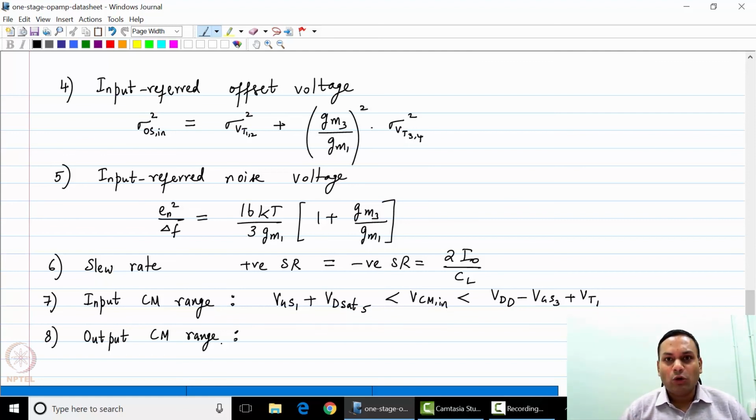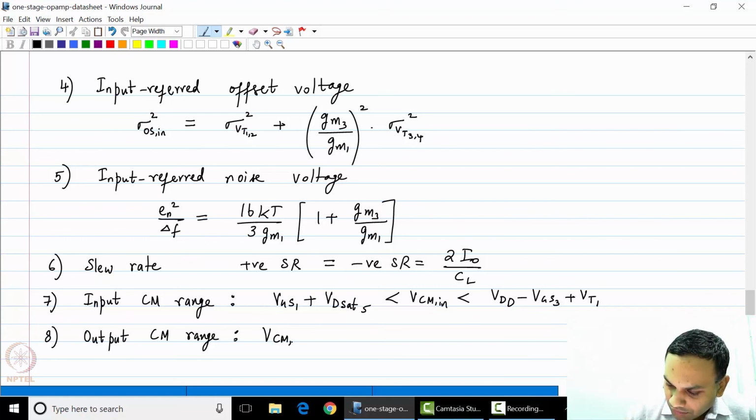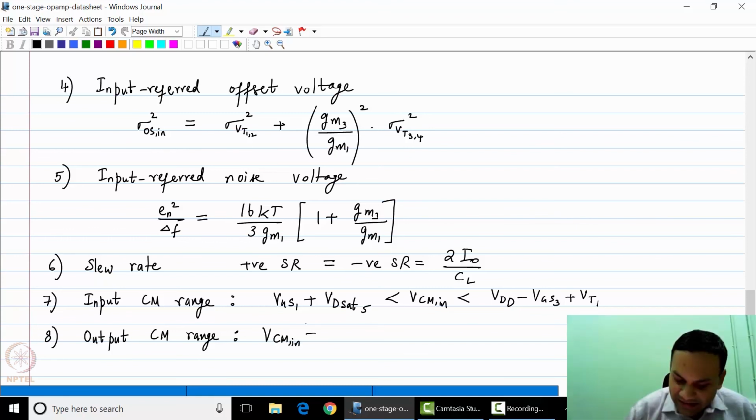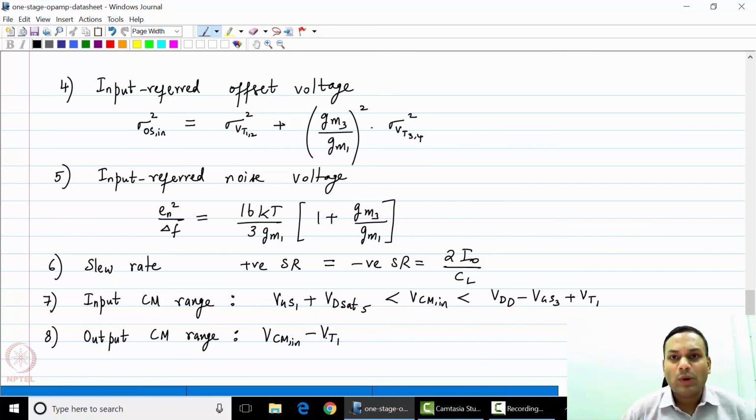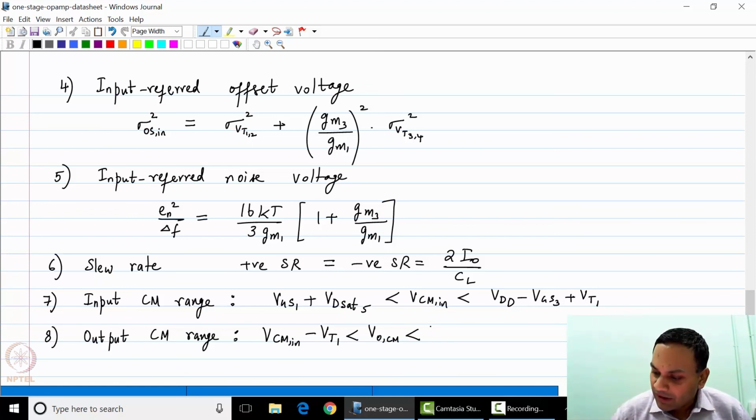As you keep reducing the output common mode, the minimum voltage that it can achieve is related to the input common mode as VCM in minus VT1. And the maximum common mode voltage is nothing but VDD minus VSD SAT 3.